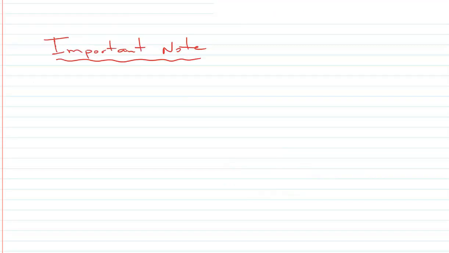Before we go ahead and talk about the factoring method of solving quadratic equations, we need to make sure that we know what the zero product rule is. So here's the zero product rule.